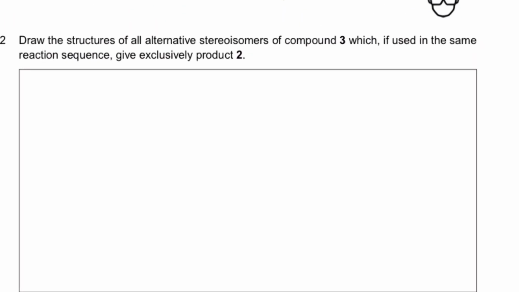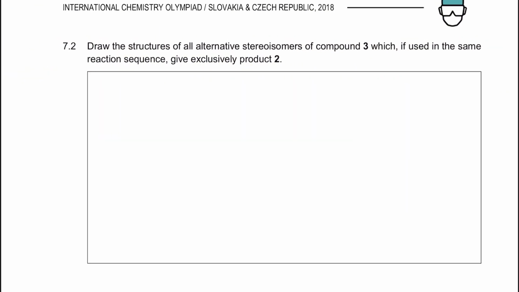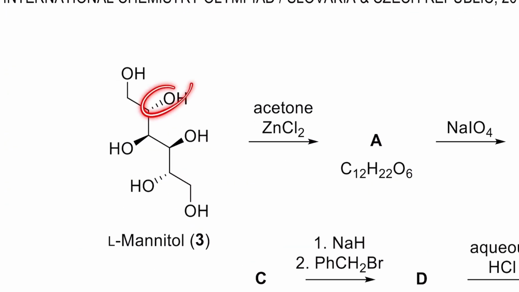Great, let's continue. Draw the structures of all alternative stereoisomers of compound 3, which if used in the same reaction sequence give exclusively product 2. What is 3? This one, L-mannitol. That will give 2. So what really matters in the transformation of 3 to 2 is this stereocenter, right?